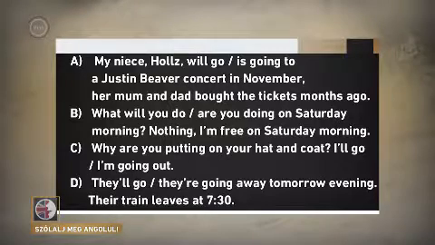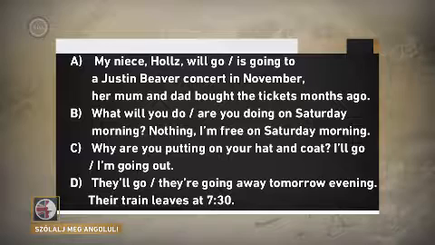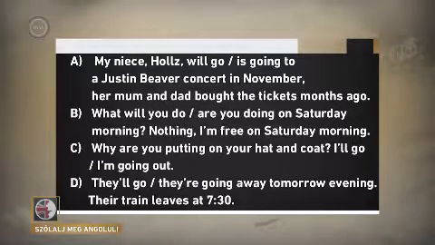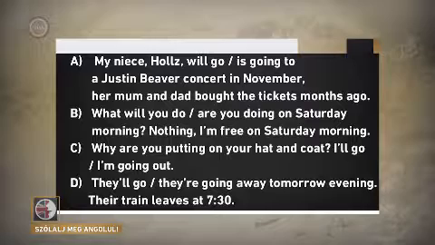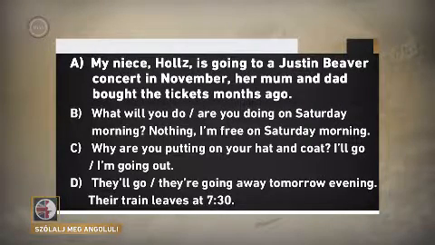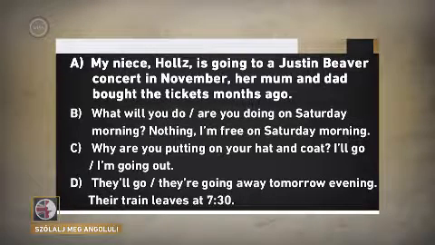They thought about this before. They arranged this. They planned this. And if they planned it, which form do we use? That's right. We use going to. So, in the first sentence, the correct sentence is, my niece Holly is going to a Justin Bieber concert in November. Her mum and dad bought the tickets months ago.